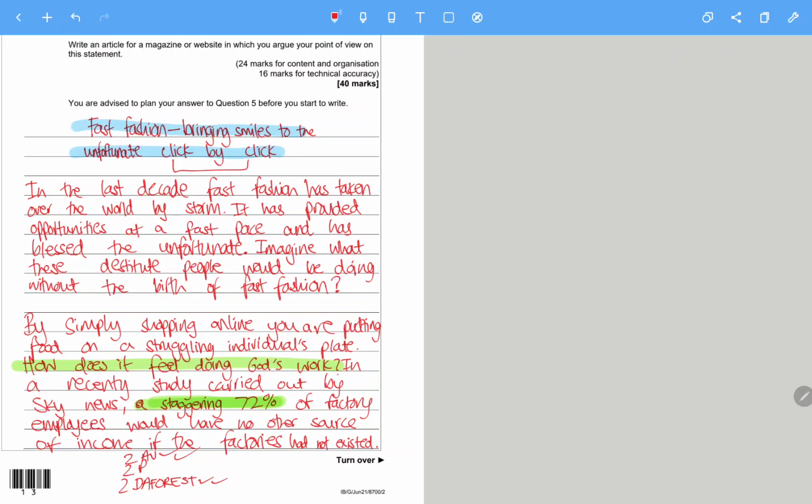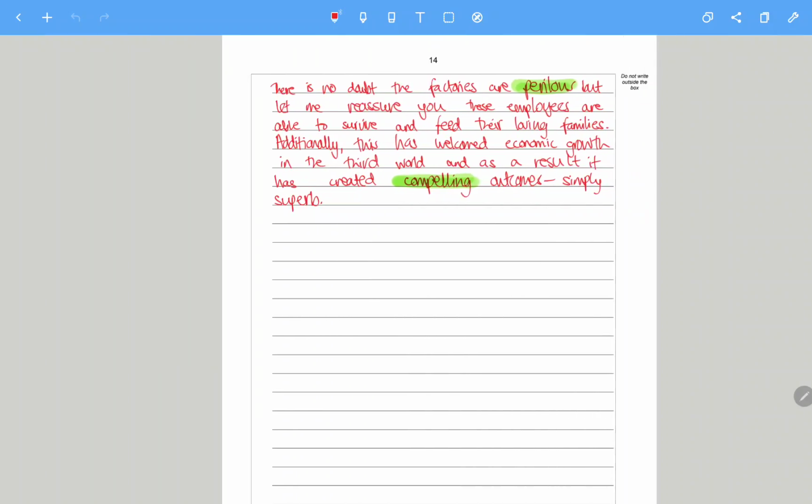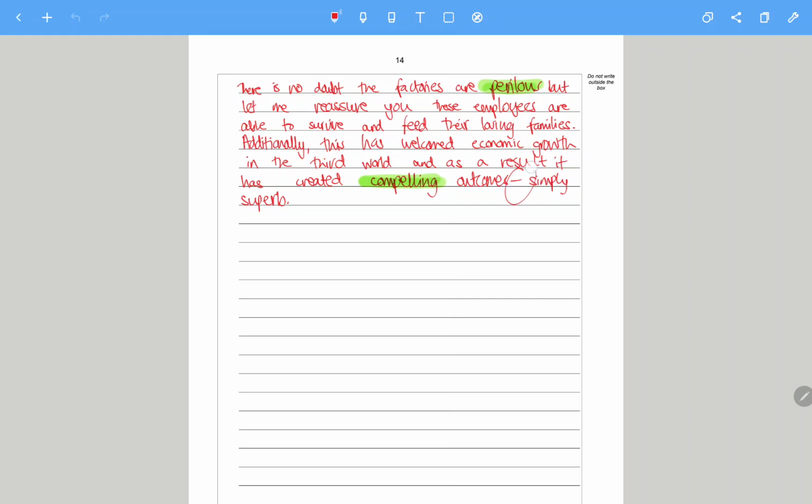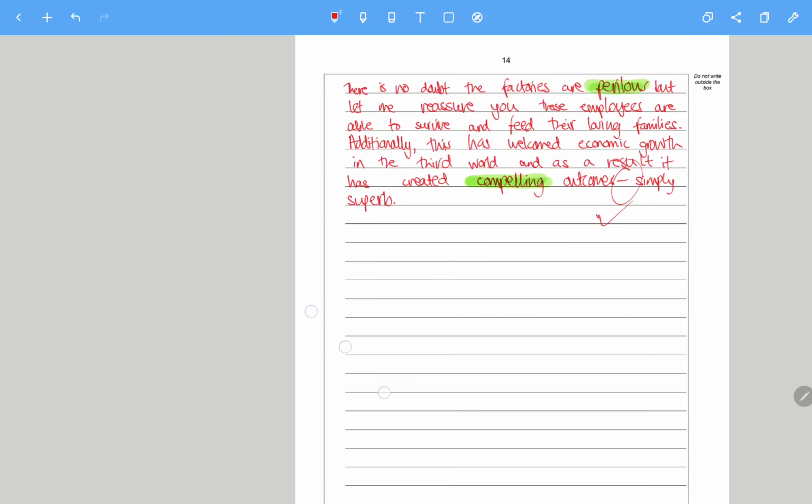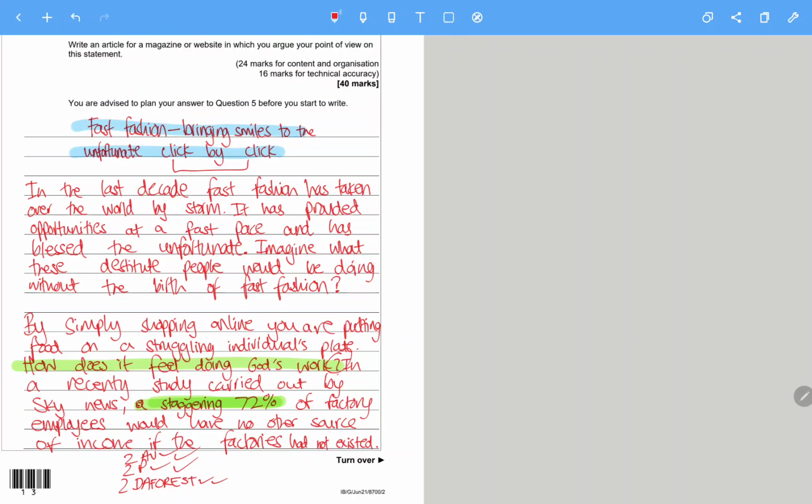Now, finally, 2P. Have I used 2 types of punctuation? Yes, I've used one here. I can see I've used a question mark, tick. And also I've used a dash here, which is a tick. Okay, so if I go back, that is me meeting the success criteria of the 222 formula. So this is again a breakdown of the expected standards for question 5.